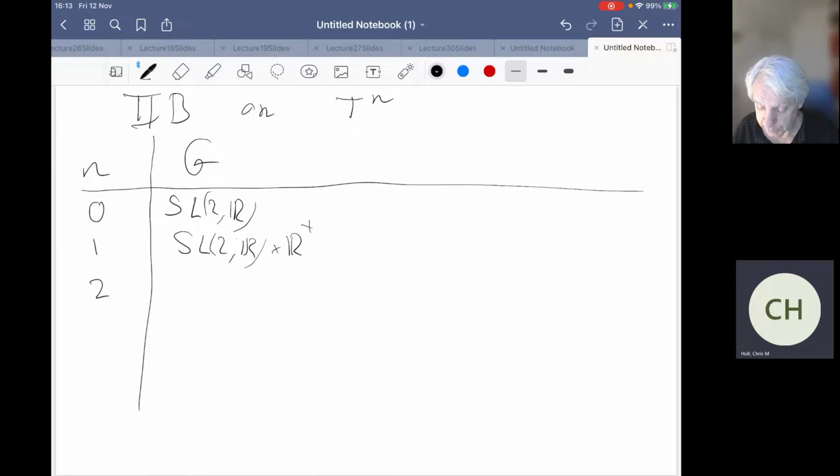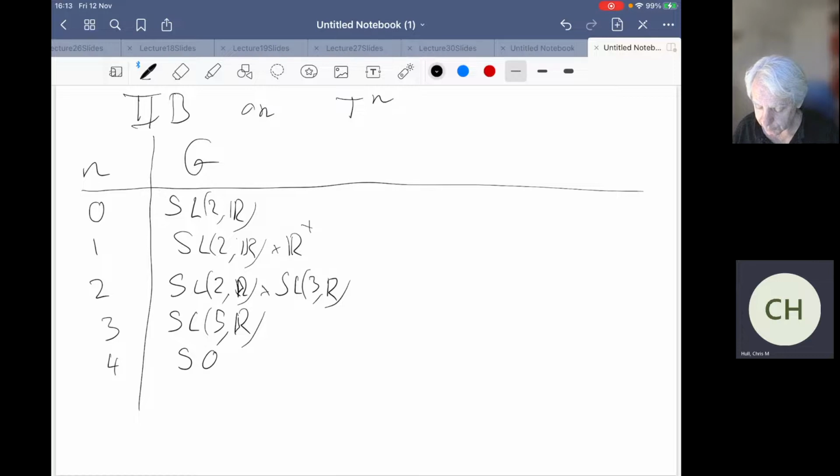For 2, it's SL(2,R) times SL(3,R). For 3, it's SL(5,R). For 4, it's SO(5,5).